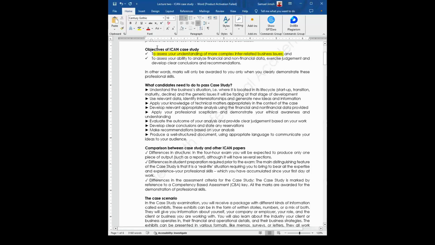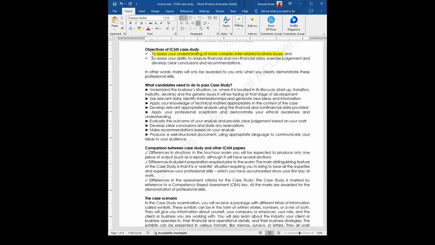And the other one is to assess your ability to analyze financial and non-financial data. Of course, financial data could be financial statements, the cost information of investment, and non-financial data could be some other data about the possible factors that will affect the success of a particular investment.